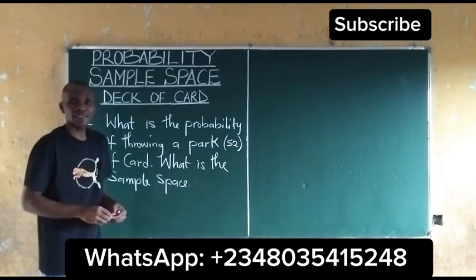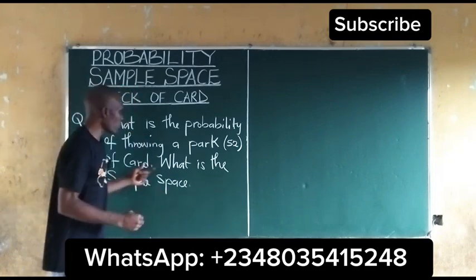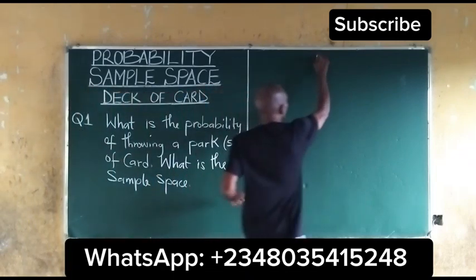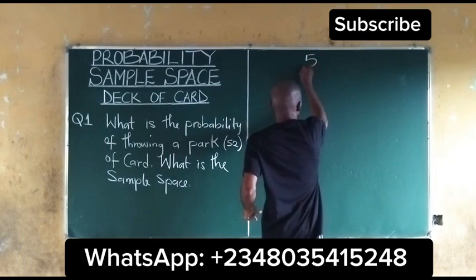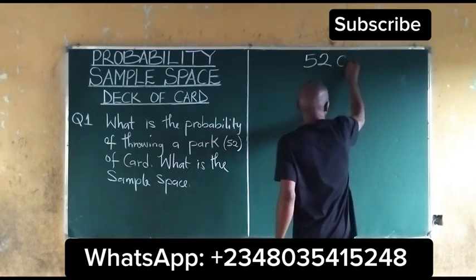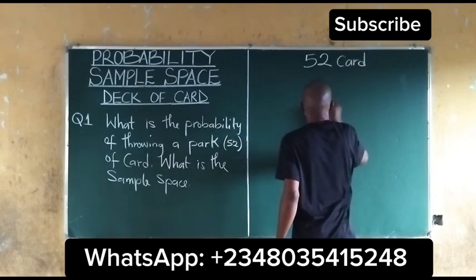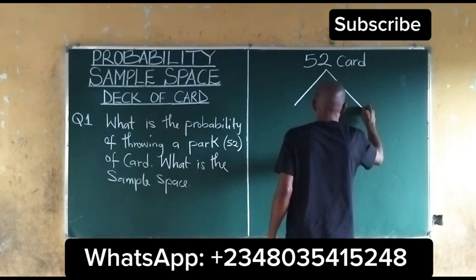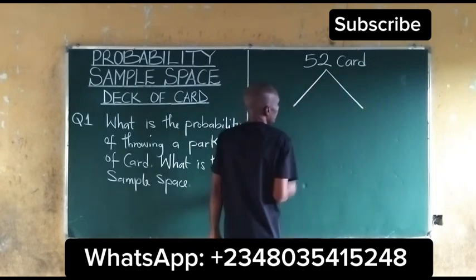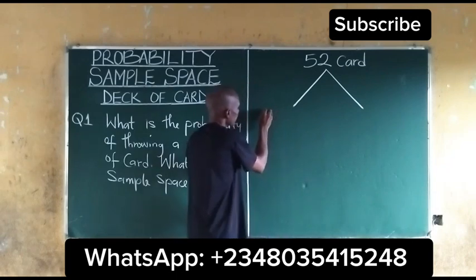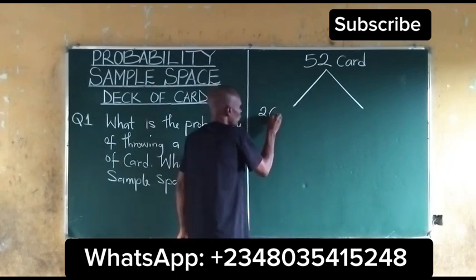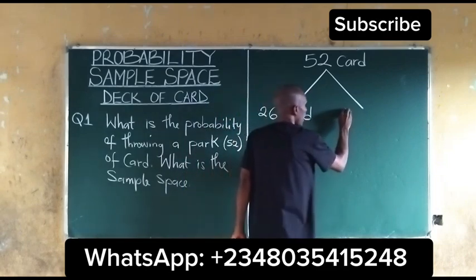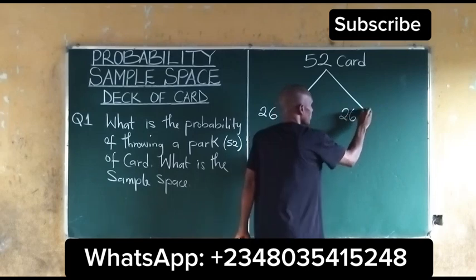So we should understand that in probability theory, a pack of cards is 52. So we have 52 cards. Inside this 52, we have 26 red and 26 black.